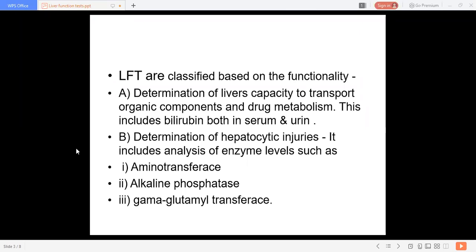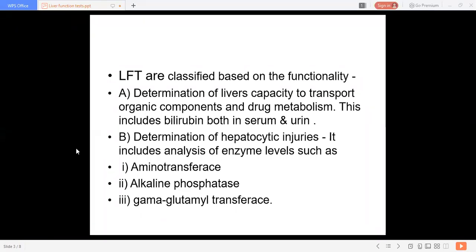And the levels of ALP decrease in conditions like hypothyroidism, pernicious anemia, and zinc deficiency, in which the levels fall below 44 international units per liter. It should be between 44 and 147 international units per liter.